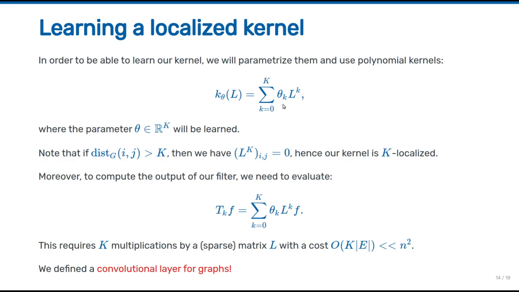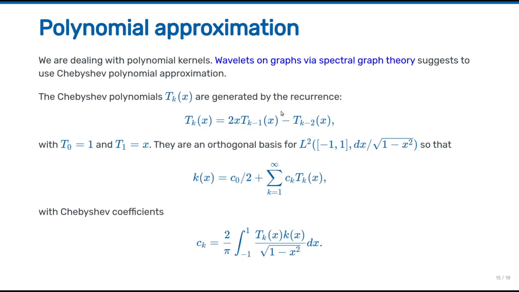Remember that in the end it should not really matter because you are learning the parameter theta. But in this paper, the author suggests using Chebyshev polynomials to compute a low-pass filter for graphs, instead of the naive basis of polynomials we just considered.